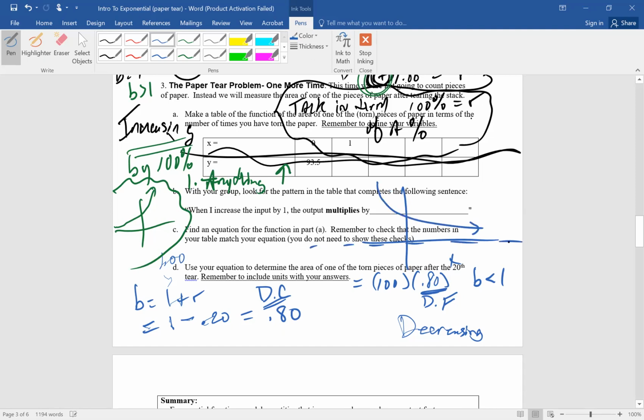You'll still have an asymptote there, like in the earlier video we said it's at y equals 0, and it will be decreasing because your b is less than 1 or some decimal below 1. And now 0.80, it could be 0.75, or it could look like a fraction, 3/4, but all these numbers would be less than 1, which would force your exponential function to decrease.